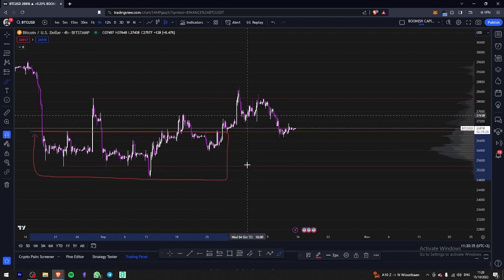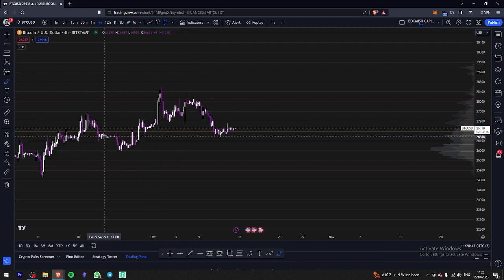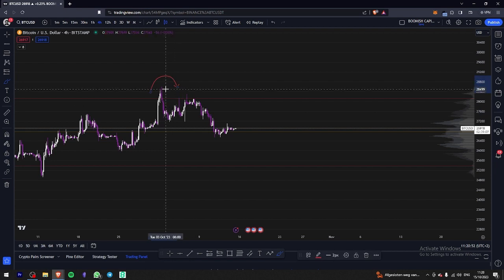In fact, we have a strong deviation here where we tried to get in, we tried to hold it and just broke below it. Even here, we tried to retest it, get in, and we fail. We try to retest it again, we fail, and then we break in, go to the top of the range, instantly set a deviation that sold off pretty hard, back to the top with a big wick here.